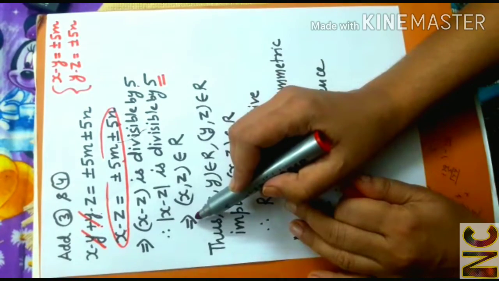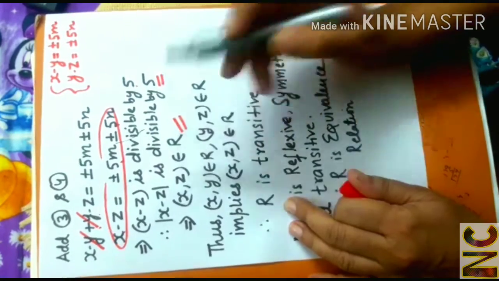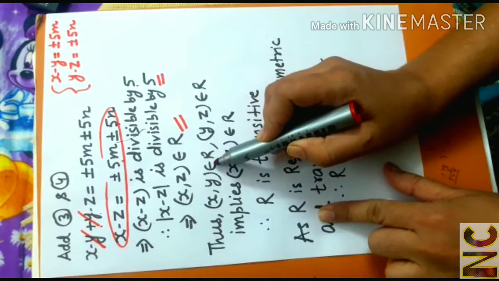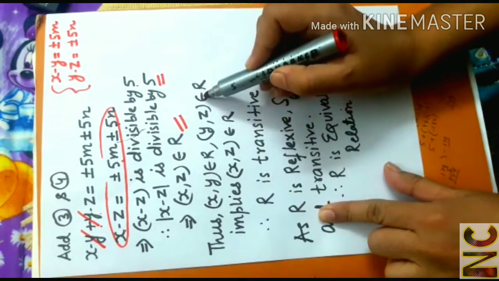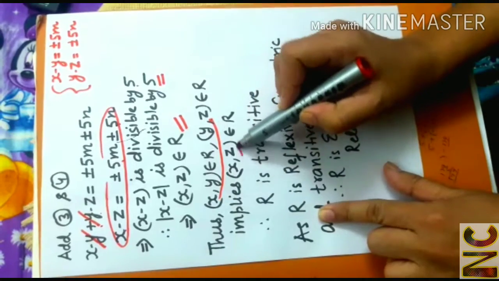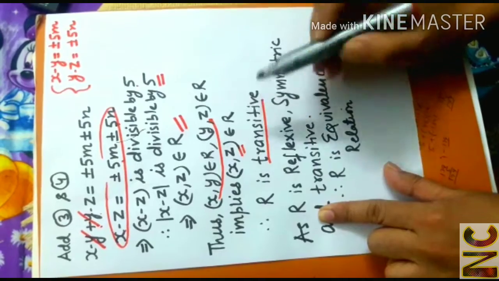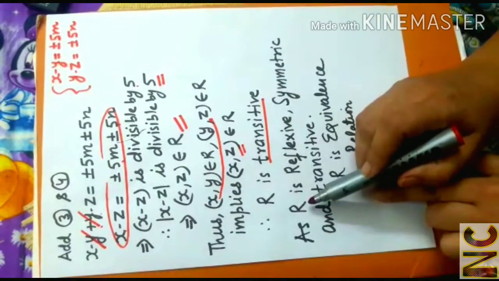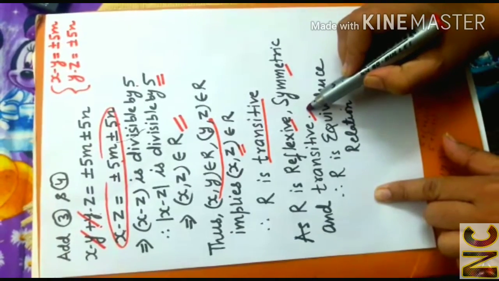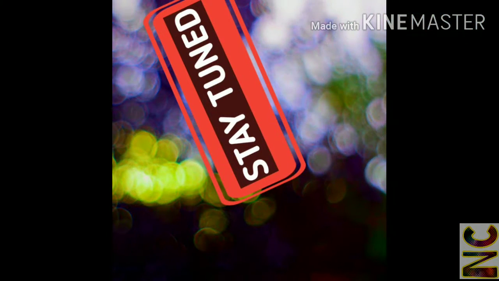So therefore by definition of R, x comma z belongs to R. So we have shown x related to y, y related to z implies that x is related to z. Therefore, R is transitive. So, as R is reflexive, symmetric and transitive, therefore, we conclude that R is an equivalence relation.